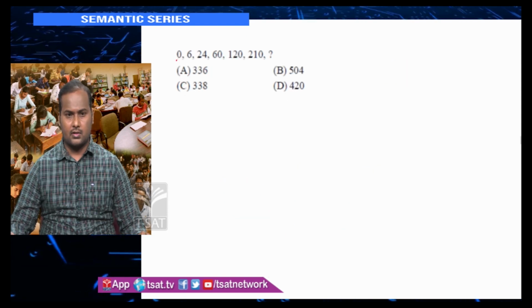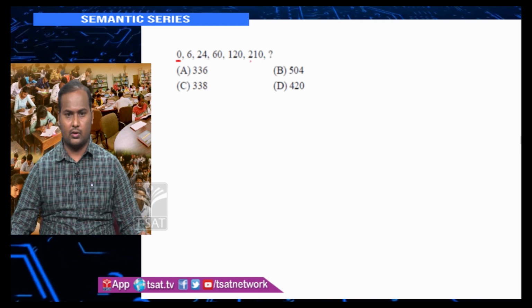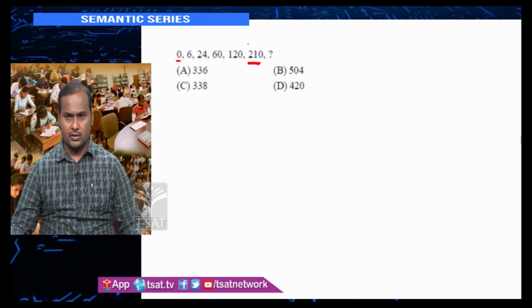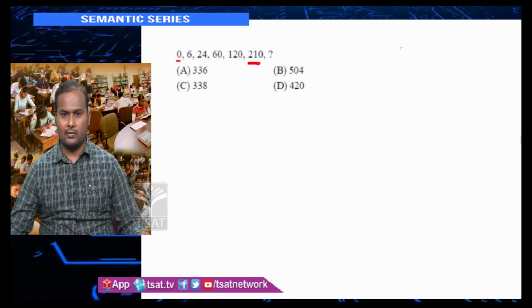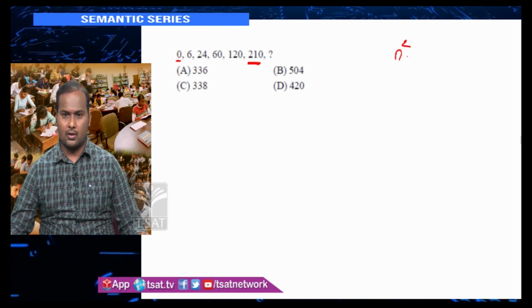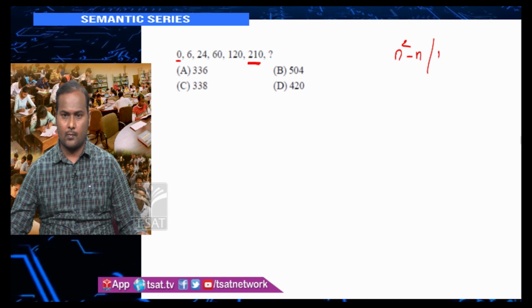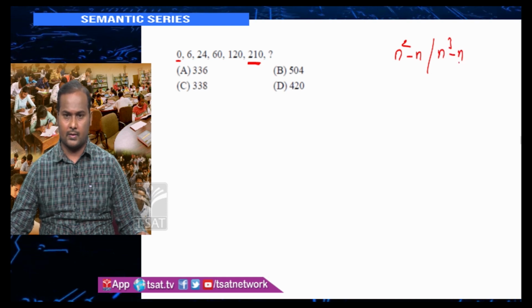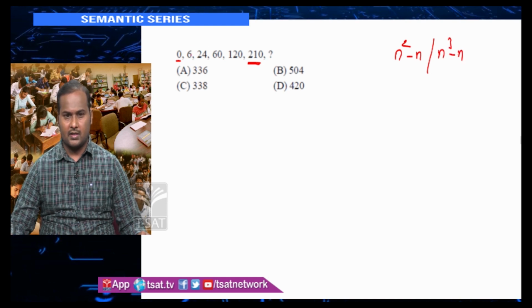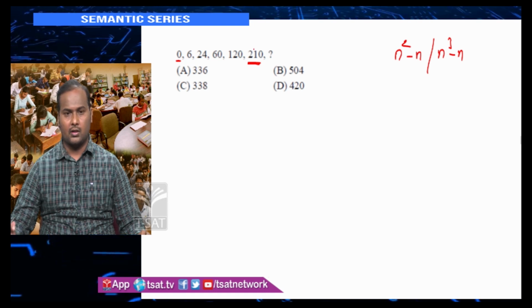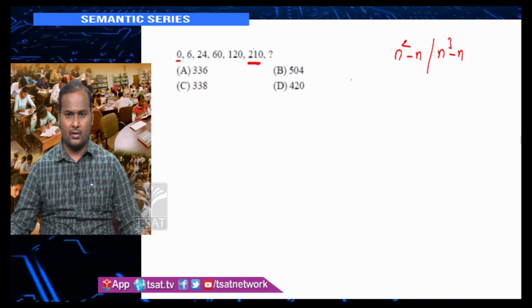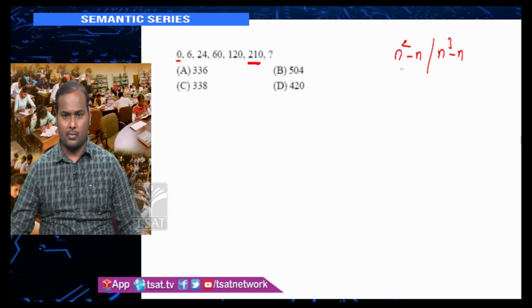See this question. It starts with 0 and ends with 210. The increase is huge. And I also said that whenever the question starts with 0, the format will generally be n square minus n or n cube minus n. But in this case, see the numbers 0, 6, 24, 60, 120, 210. It is increasing quite drastically, so I can't take n square minus n.